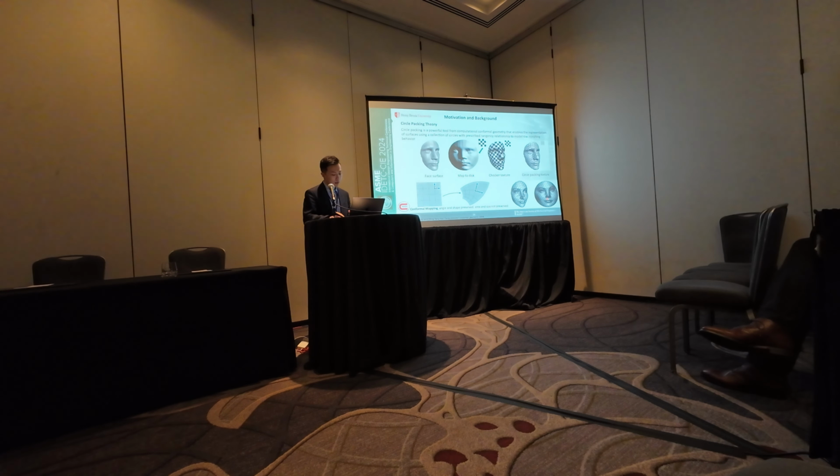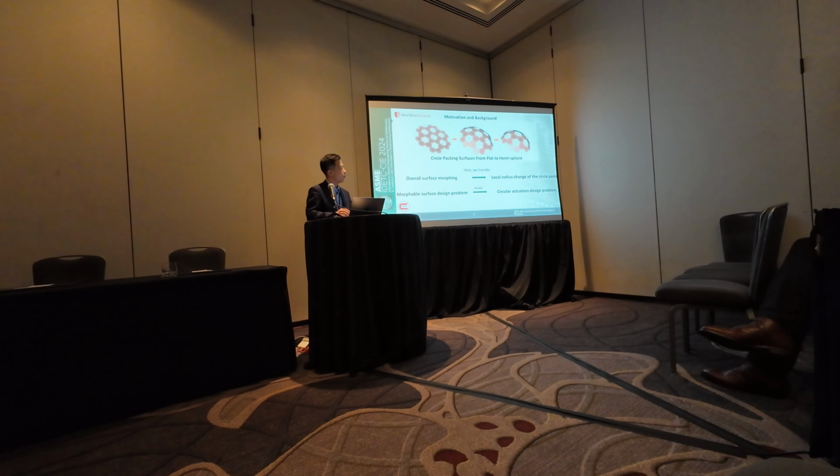This can significantly reduce the complexity of designing movable surface structures. By using conformal mapping and circle packing, we can transfer the overall surface morphing problem into a local radius change of the circle packs, and the movable surface design problem can be recast as a circular actuated design problem.